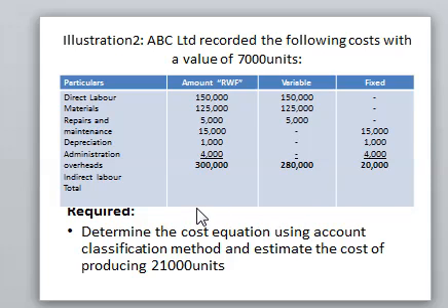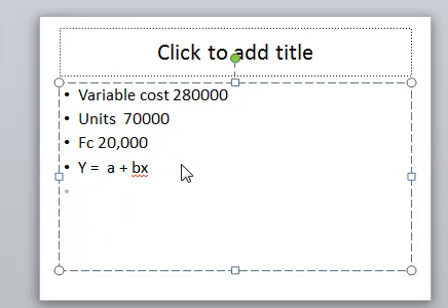So you can determine the variable cost per unit. If this is 700, these are 700. So what is our variable cost per unit? This is the information we have in our question. The variable cost is 280. The number of units are 7,000. The fixed cost is 20, and our cost function is this.